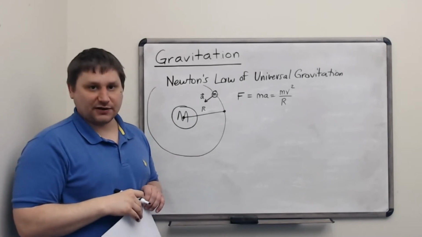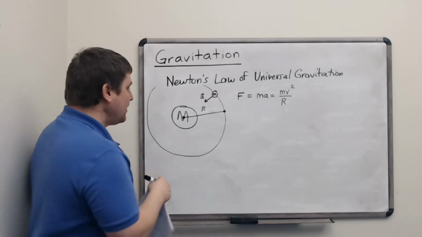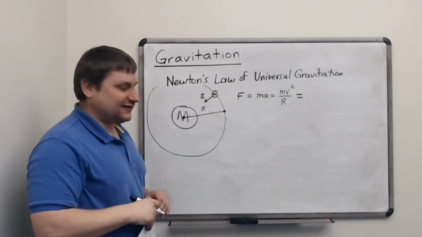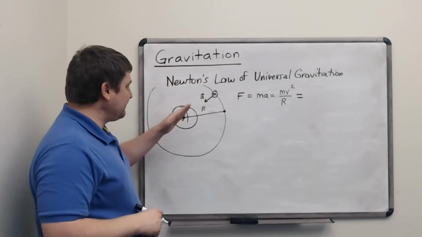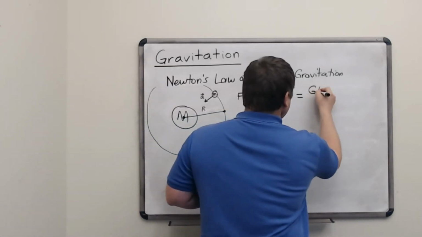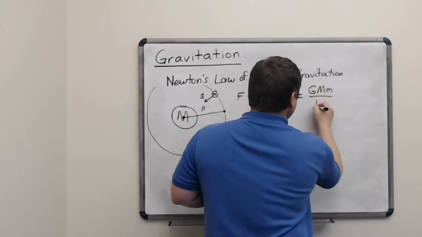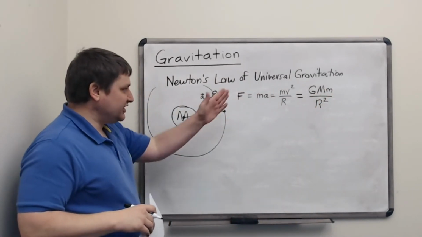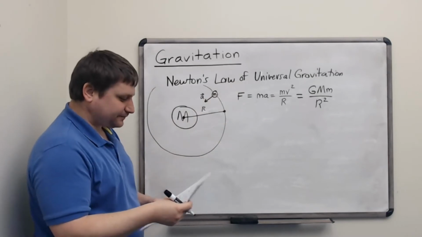It's called the centripetal net force. But Newton's proposal says that this centripetal force actually arises because of an attraction between the two masses due to universal gravitation, the force having magnitude GMm over r squared.